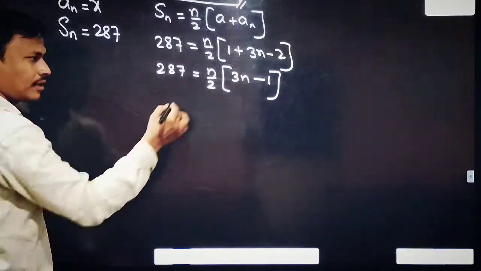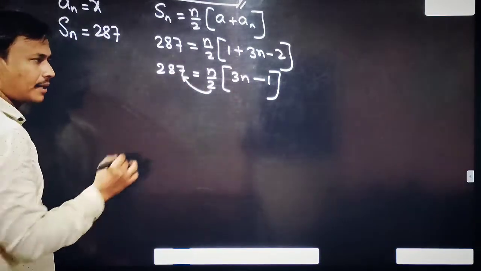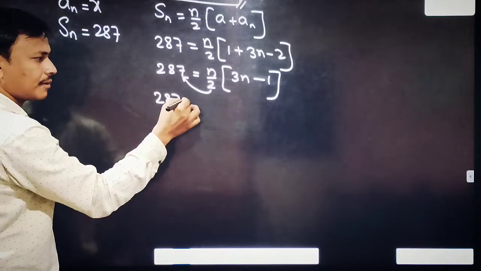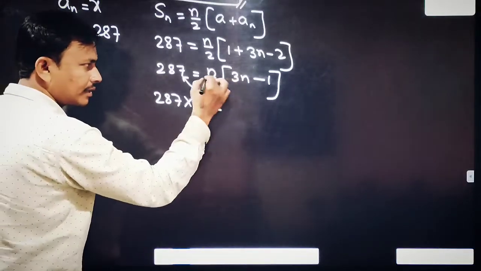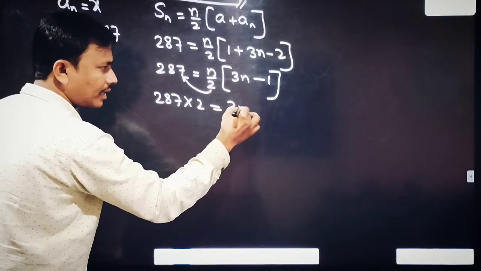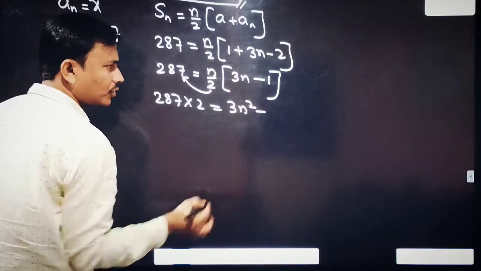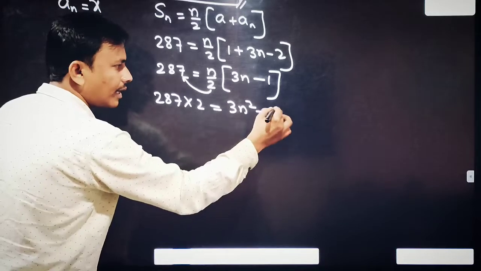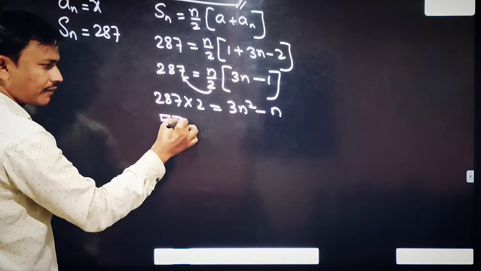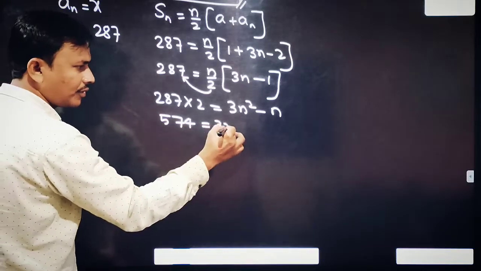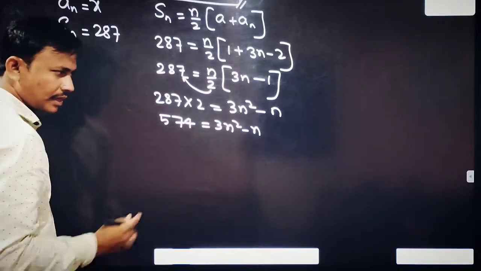Division by 2 will become multiplication. 287 multiplication 2 is equal to n into 3n, 3n square, minus n into 1, n. 287 into 2, 574 is equal to 3n square minus n.